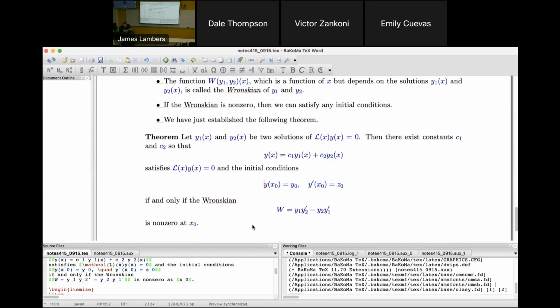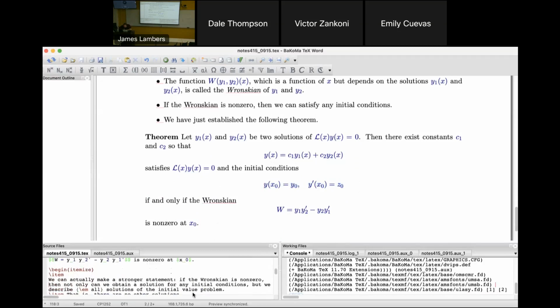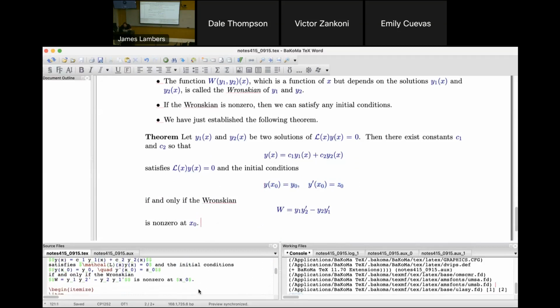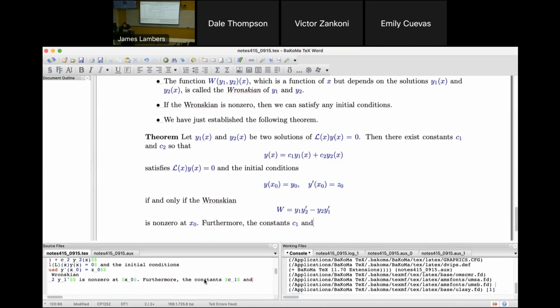Furthermore, there's another statement I can make: the constants that we get are unique.